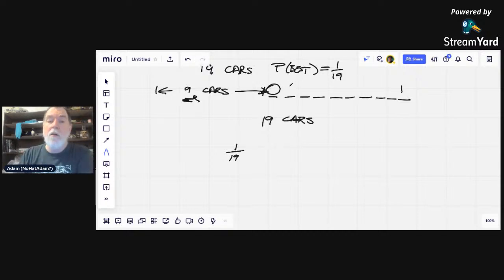Okay. Now, for this one, this is where it gets fun. Okay, for this one, if it's the best car, what are the odds of choosing it? Well, you would have to reject all of these previous 10 cars. So in particular, this car would have to not be the best of all of these 10. Okay. Yeah, you'd have to get to this one. If this one was the best, you'd have to get to it to pick it. Okay.